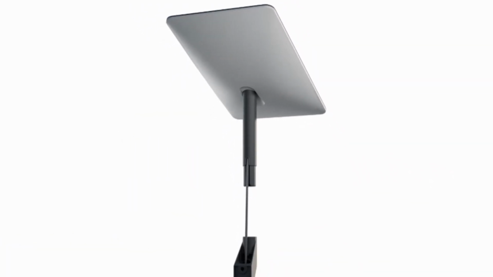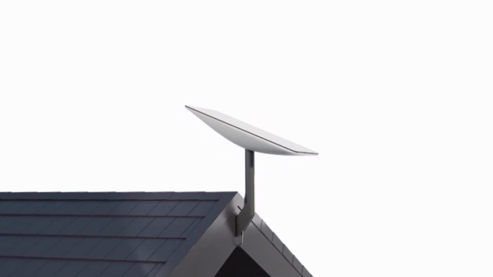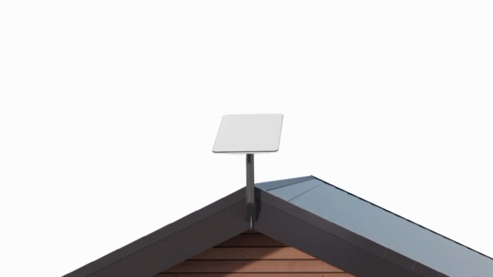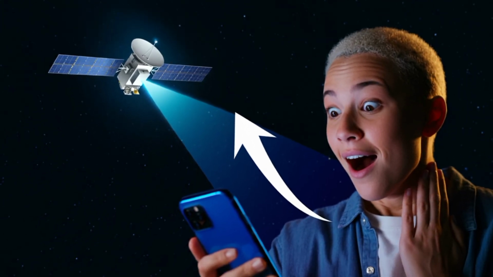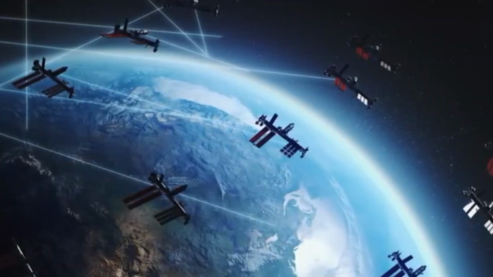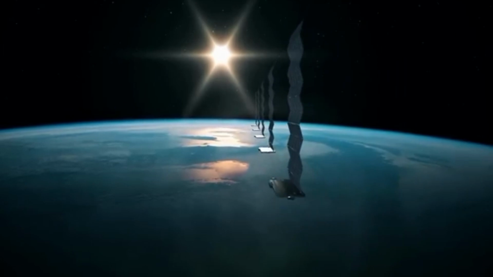This service catered for areas with limited or no access to traditional broadband infrastructure. The new direct to cell service eliminates the need for such terminals, allowing unmodified cell phones to connect directly to satellites acting as mobile towers, providing texting and eventually voice and data capabilities. This makes a significant shift in accessibility.